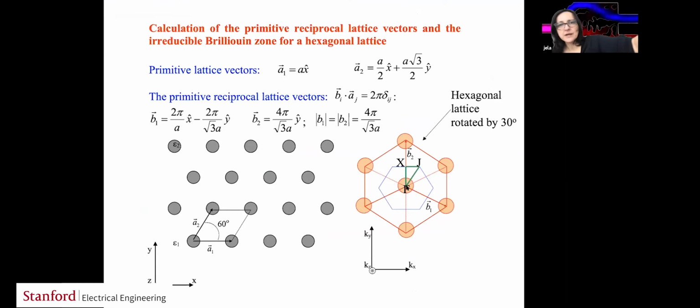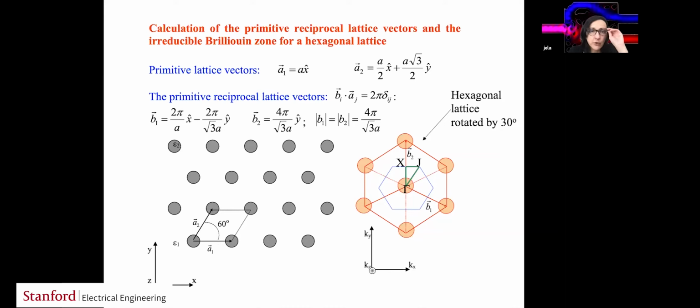Okay, so you may have seen something like this before, but if you haven't, it's exactly the same as what we did before. It's just based on the expressions that we already introduced. We just need to do a little bit of geometry to find the first Brillouin zone. So going back to the hexagonal lattice, this hexagonal lattice has two primitive lattice vectors, A1 and A2, right? Why are these primitive lattice vectors?